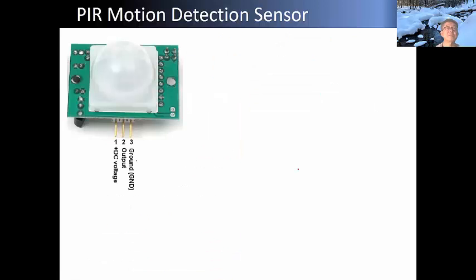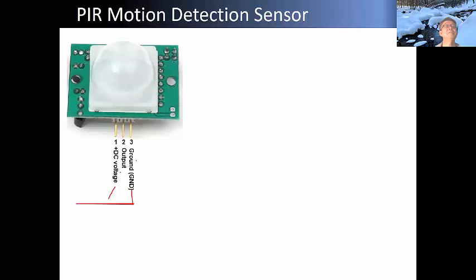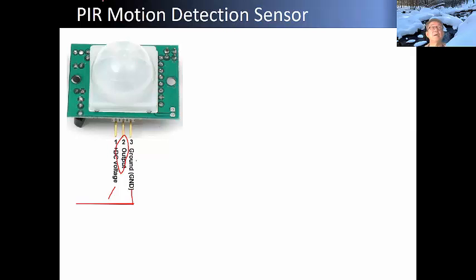This is a motion detector that we are going to use also. And then 3 pins, ground and power. And this is the only signal that we can receive, okay? So this guy is a PIR, which means passive infrared.